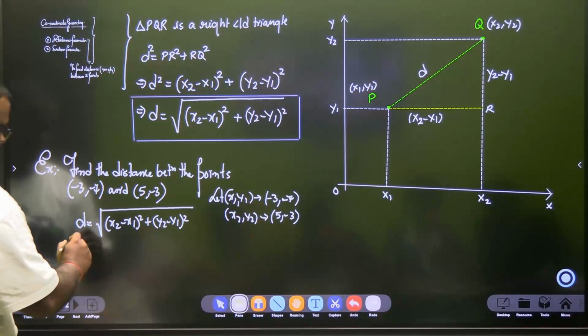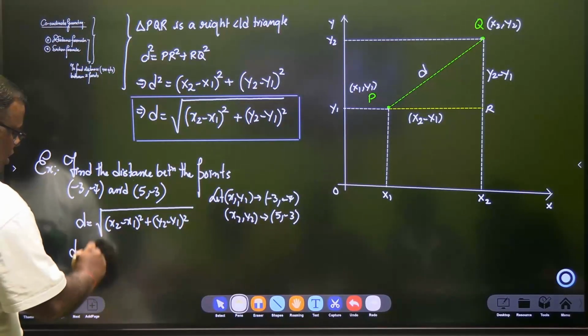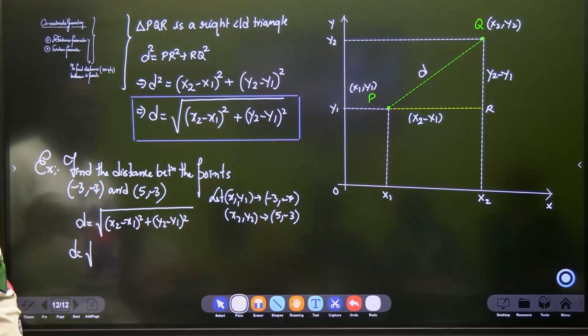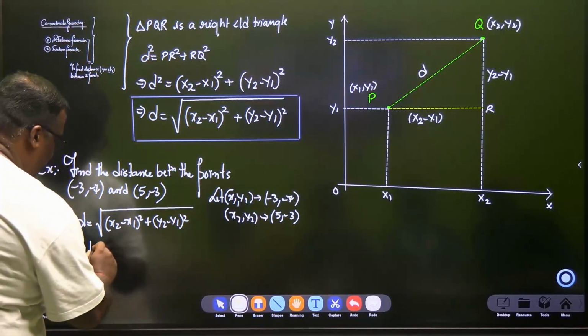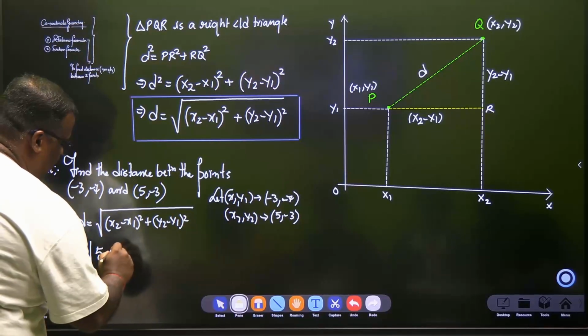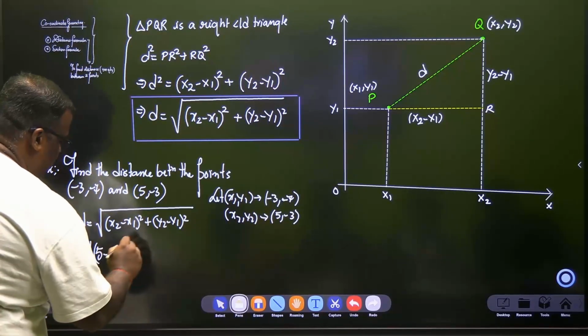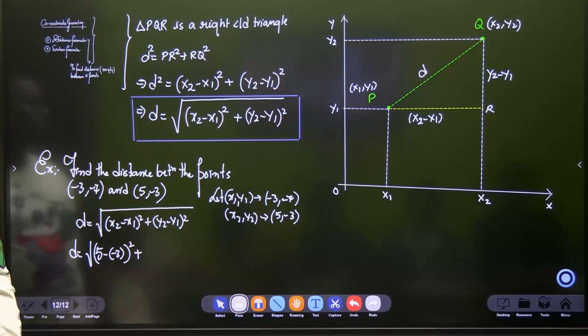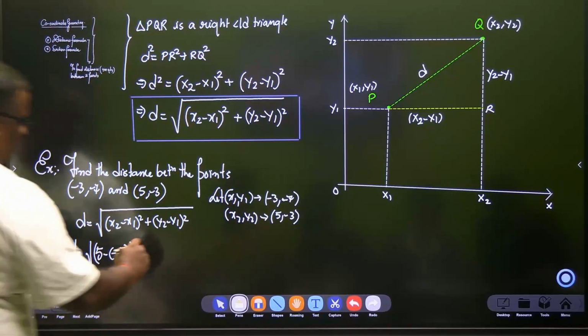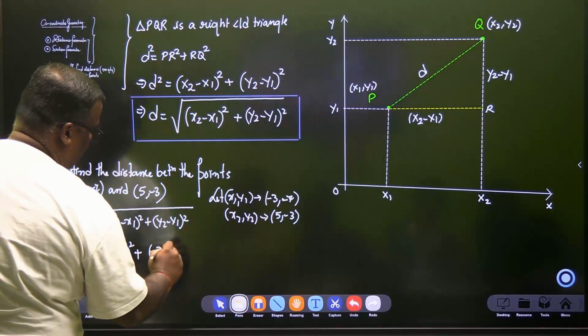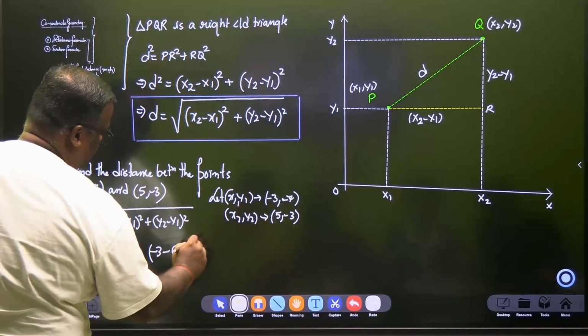Now you can find your D. So your D is x2 minus x1, so it will be 5 minus minus 3 whole square plus y2 minus y1, negative 3 minus minus 7 whole square.